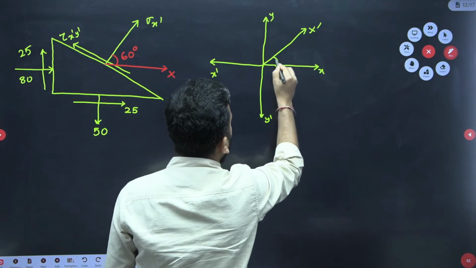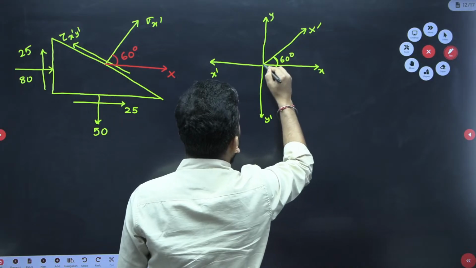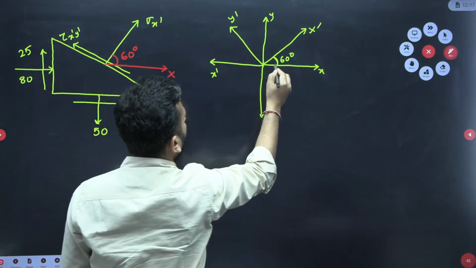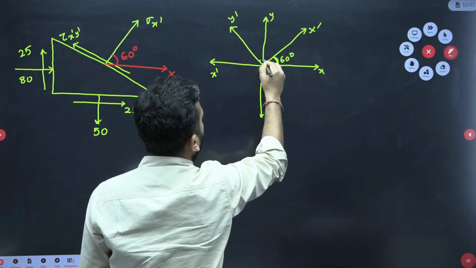The angle between x and x dash was 60 degree, and this is normal to this, that is the y dash. This is the y dash direction. So this is 60 degree, this is 90 degree.